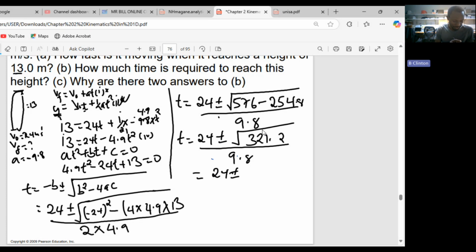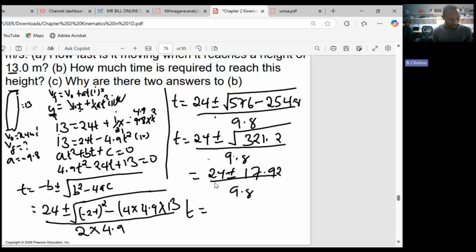The square root of 321 is going to give us 17.92, divided by 9.8, and that's going to give us t to be either 4.2 seconds, or t, so you can call this t1 and this our t2.